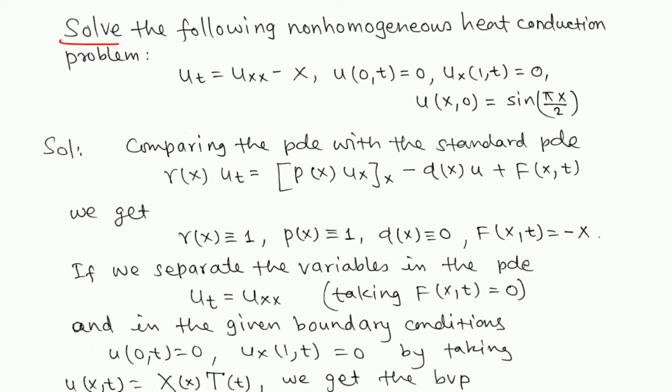Solve the following non-homogeneous heat conduction problem. So we have a PDE, two boundary conditions, and an initial condition here.